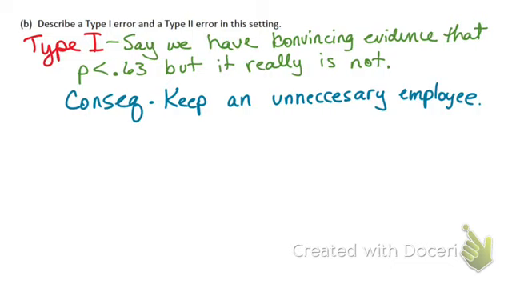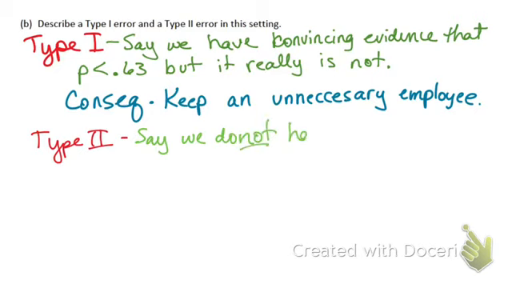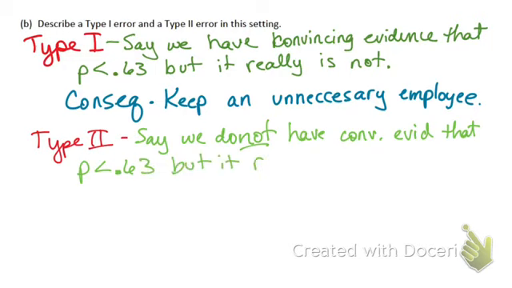A type 2 error. This is, we say, we do not have convincing evidence that p is less than 0.63, but it really is.